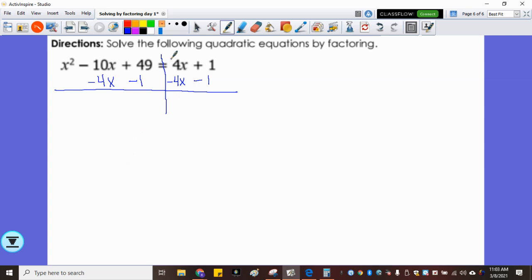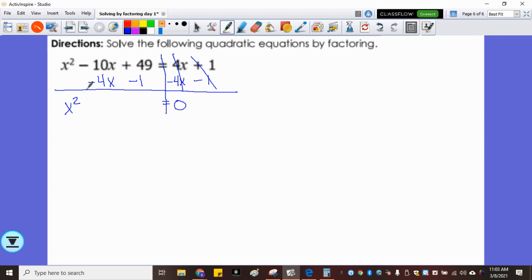So the right side's easy because 4x minus 4x goes away. 1 minus 1 gives you 0. So we're left with 0 on that side, which is the whole purpose of this step: to get our right side to equal 0. Then you just do the math and we're back to a normal equation.